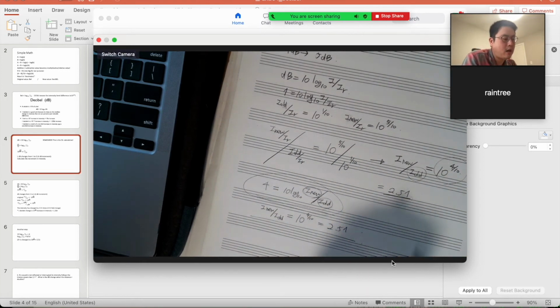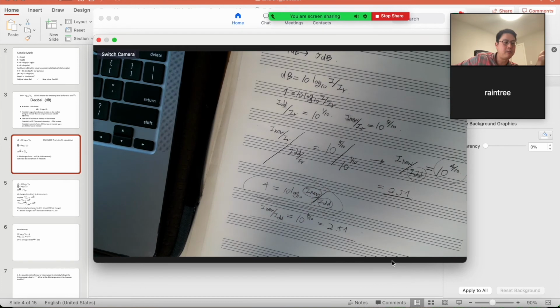So this is how you calculate the decibel, and then you can clearly see the meaning of the decibel, which represents the ratio between the sound intensity level that you want to measure and the reference sound intensity level.